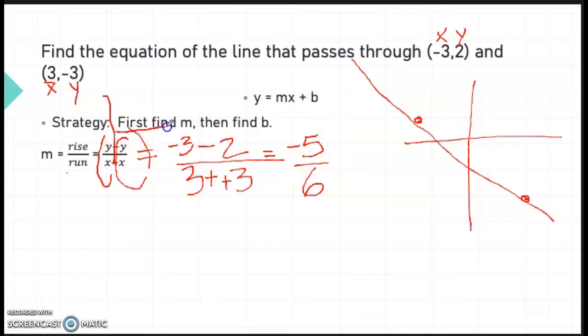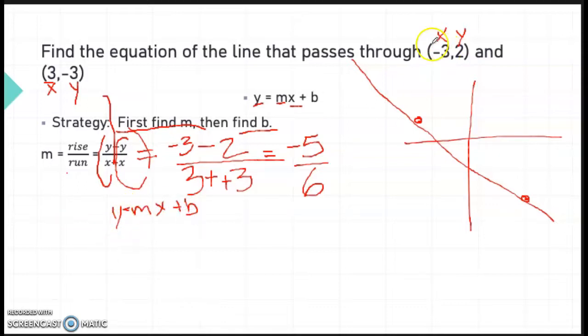So first I found M. Now I'm going to find B. I can find B using this y equals mx plus b because I have my M value and I have 2 XY values to choose from. I can pick a point, XY, and substitute it for my Y and my X. Then I can solve for B. So I have this y equals mx plus b.